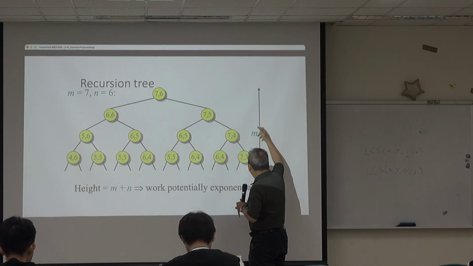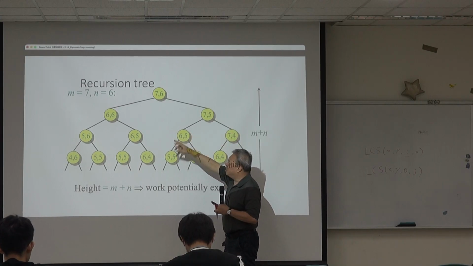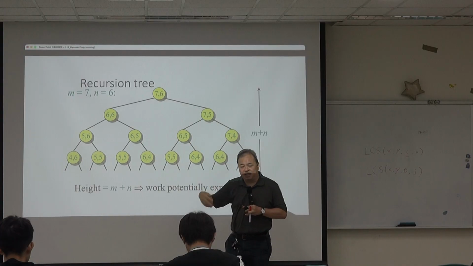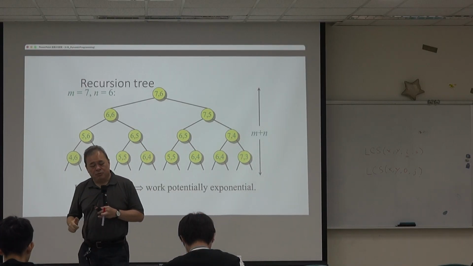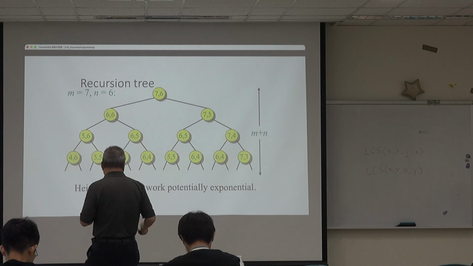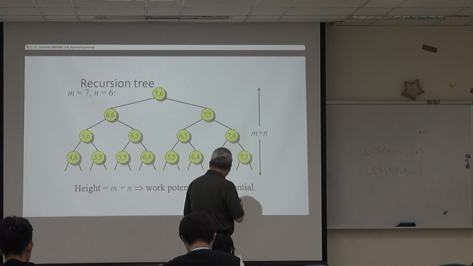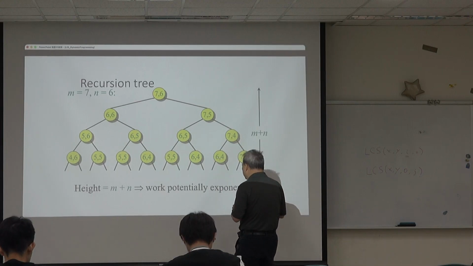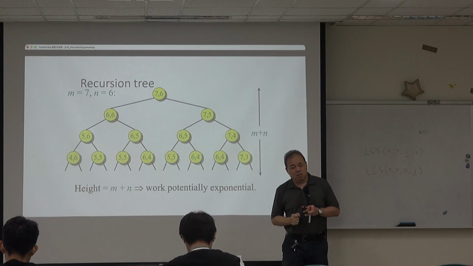But if the height is m plus n, and every time the recursive calls increase, like double, like twice, obviously this is going to have a potential exponential time complexity, right?